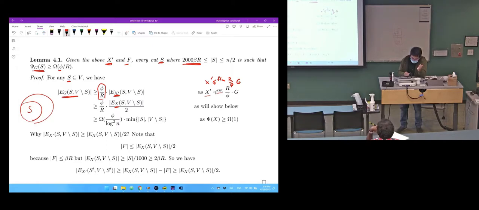Because suppose that this is true, then, well, X is an expander, so you have this. Okay. So why is it the case that the cut size in X prime, although X prime is a subgraph of X, is also still as big as the cut in X?